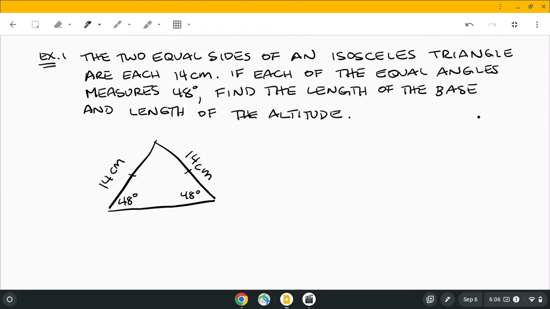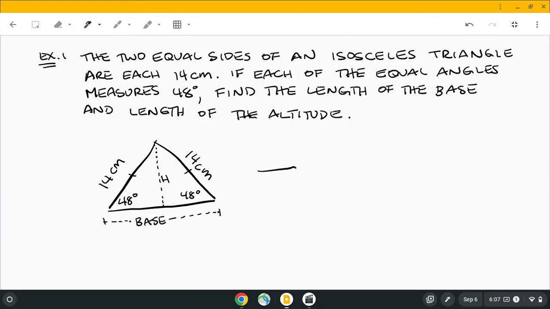Okay, find the length of the base and the length of the altitude. So we need to find that, the altitude, that's the height, and this here is the base. So we need to find this distance and then this distance here. I'm going to call it H for height. Okay. Here, I don't need the entire triangle right now. I need one of these two triangles. They're both right triangles.